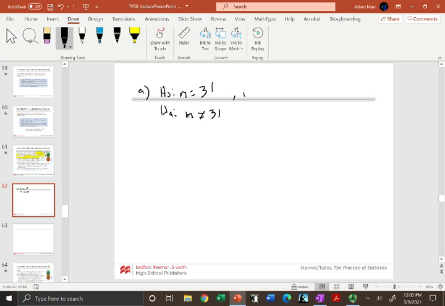And then we're going to say where mu equals the true mean weight in ounces of all pineapples grown in the field this year.